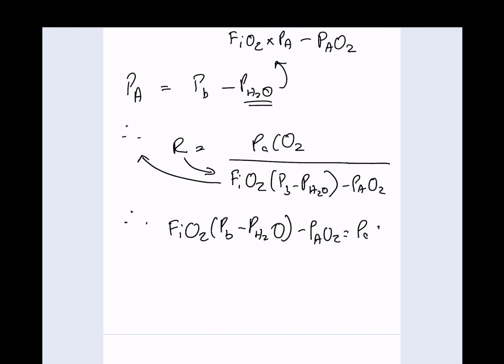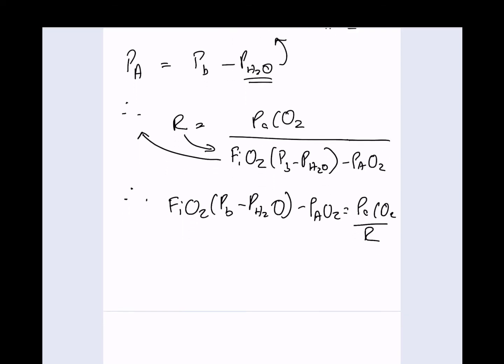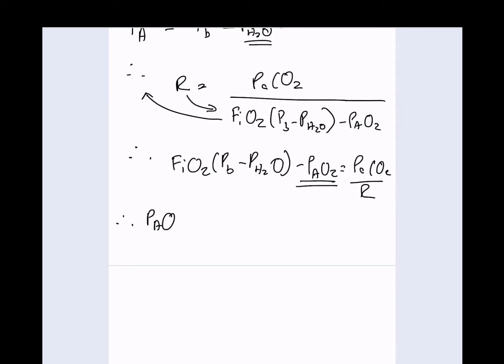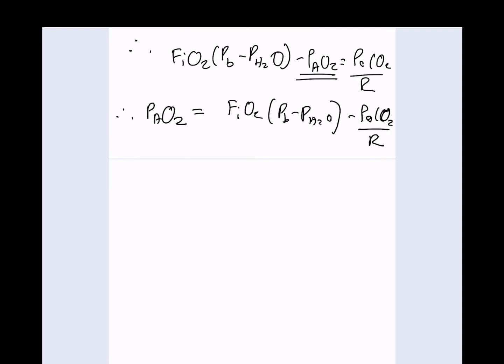Equals to PA arterial CO2 upon R. And therefore, if we further rearrange this to express it just in terms of the alveolar partial pressure of oxygen, we get this: PAO2 equals to FiO2 times Pb minus P water, minus PaCO2 upon R. And that is the alveolar partial pressure of oxygen within the alveolus. And I hope that makes sense.